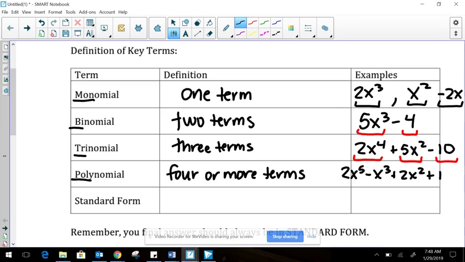All right, standard form. We've seen this before. So think back. Okay, last semester, that means that the highest exponent is written first.